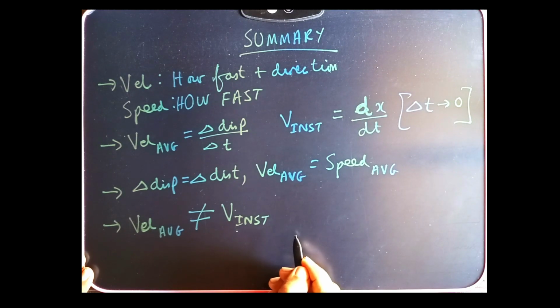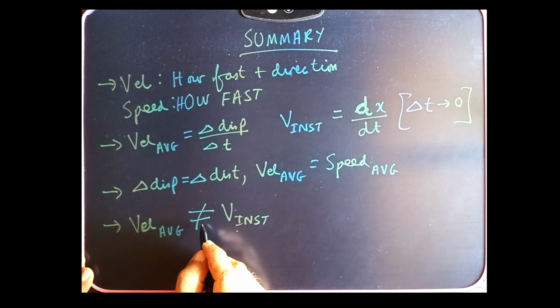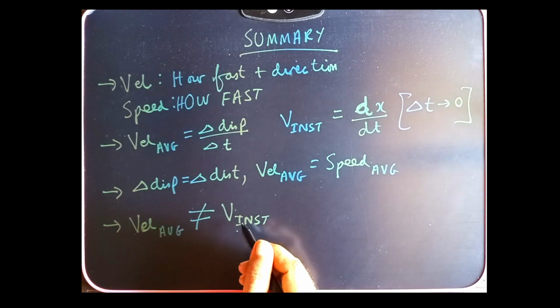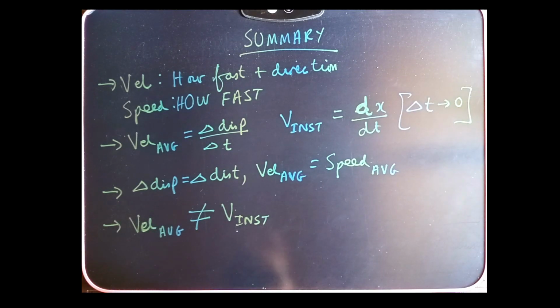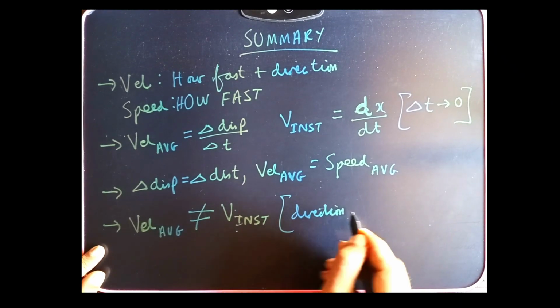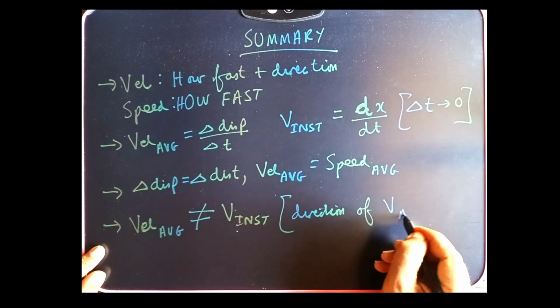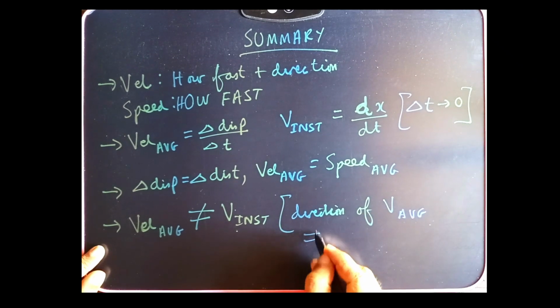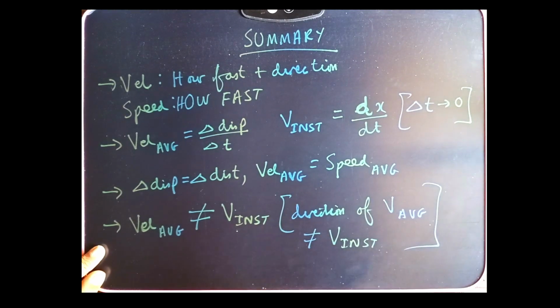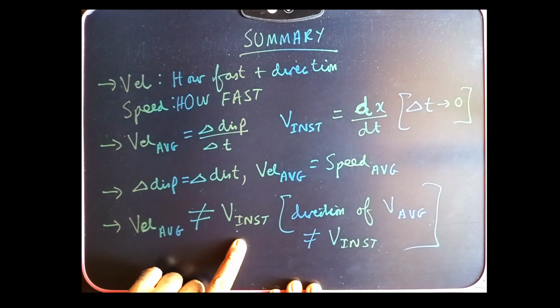In most of the times, it is not equal, because average velocity is taken for the full displacement and instantaneous velocity will be taken for a particular displacement at that particular time. So the direction may differ. Because the direction may differ, that's why average velocity may not be equal to instantaneous velocity.